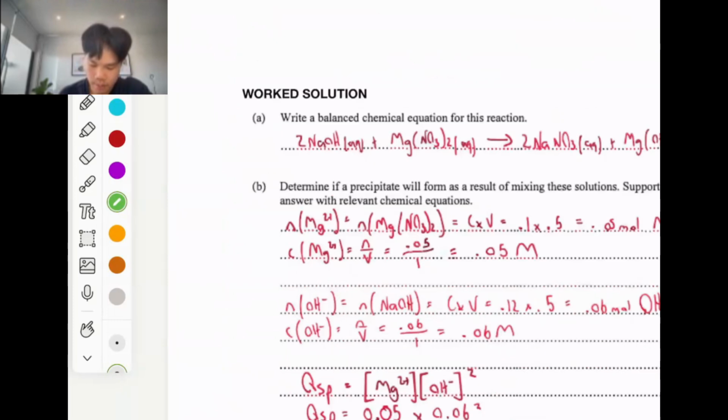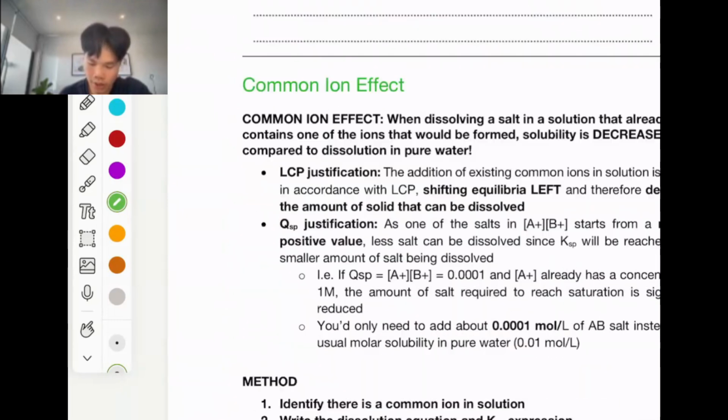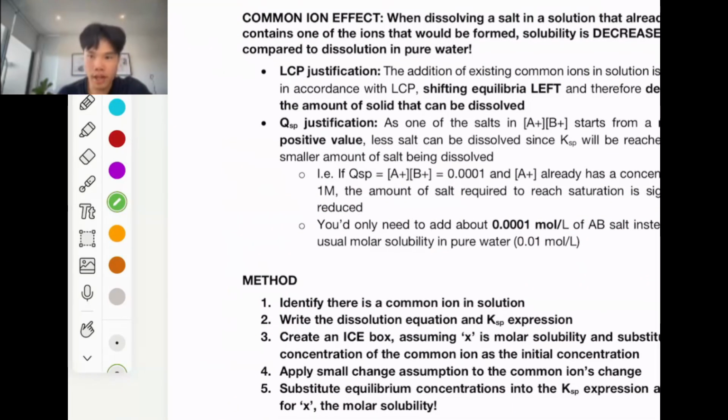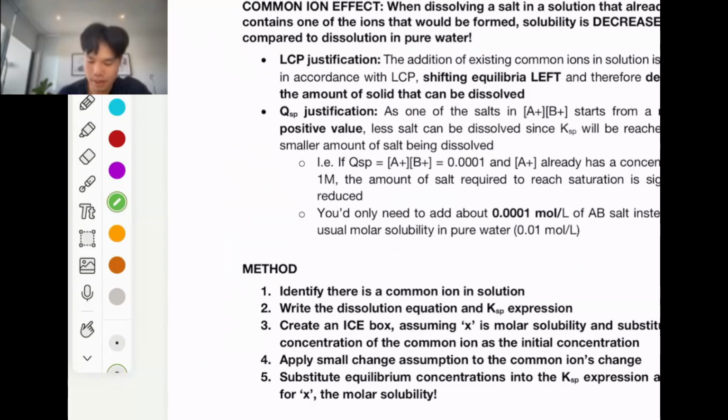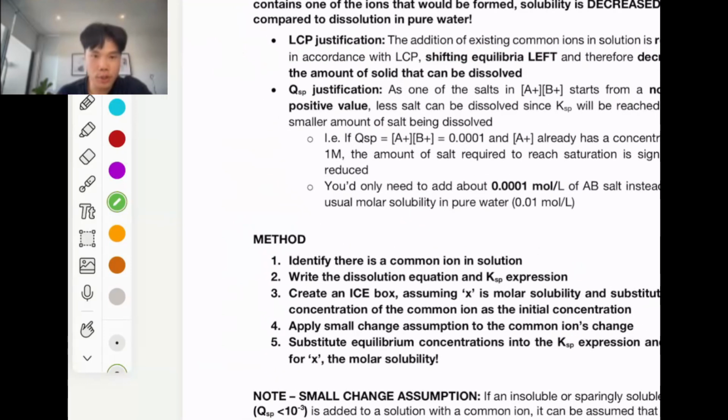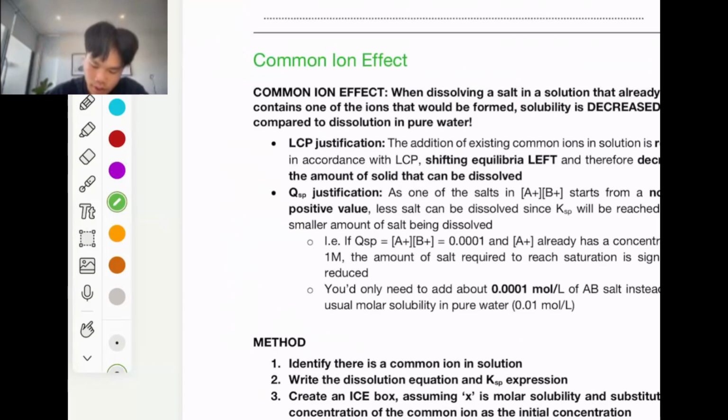Second question type is the common ion effect. This is by far more common. So common ion effect, we should know, is when you're dissolving a salt in solution, say you have MgOH dissolving into a solution that already contains magnesium ions in it, the solid will not dissolve as much compared to if you were just dissolving into water.